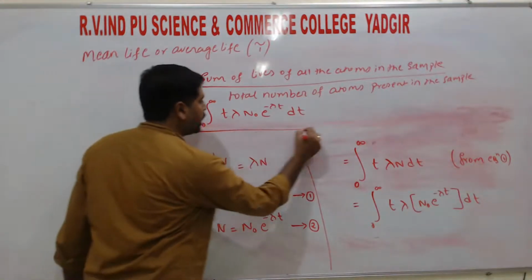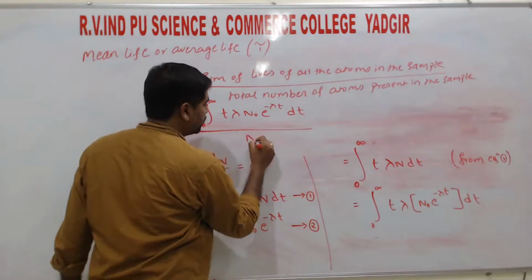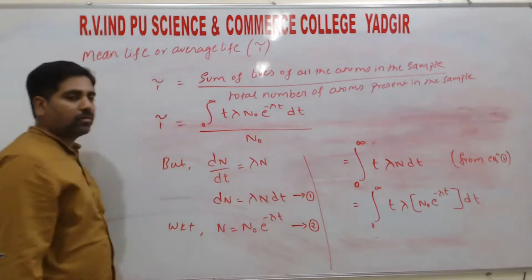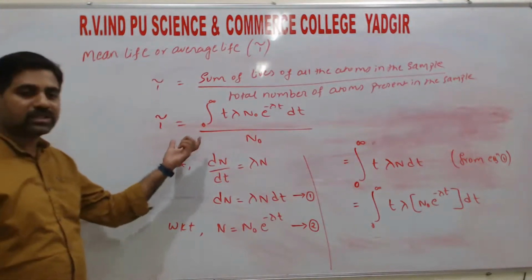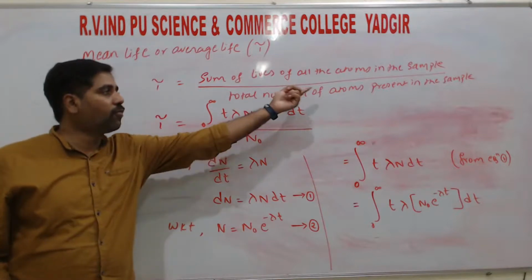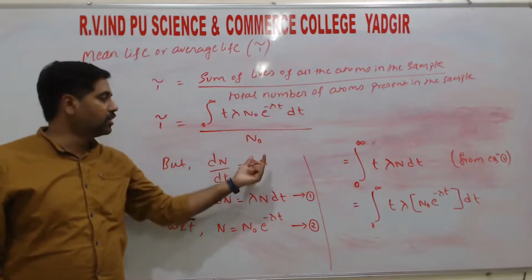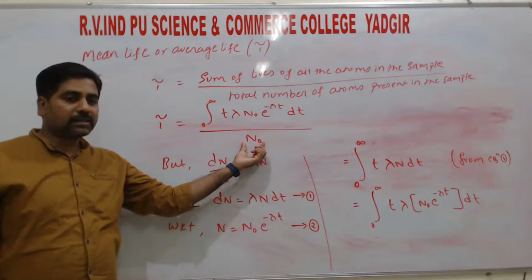So whole divided by the total number of atoms present in the sample, n naught, where n naught is the number of nuclei present in the sample, nothing but the total number of atoms or nuclei present in the sample. So that can be written as n naught.